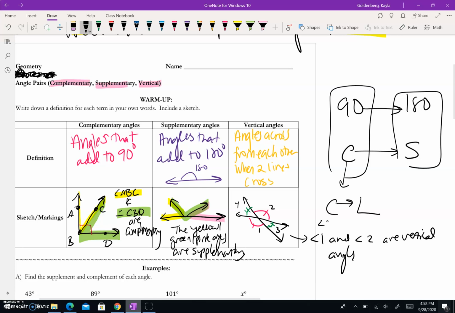Notice a really important thing, you might want to write it out in words to remember: vertical angles are congruent or equal to each other. Remember that symbol means congruent or equal in size.